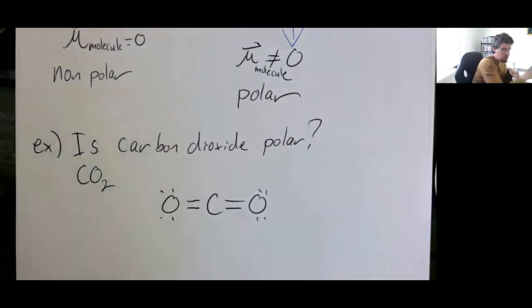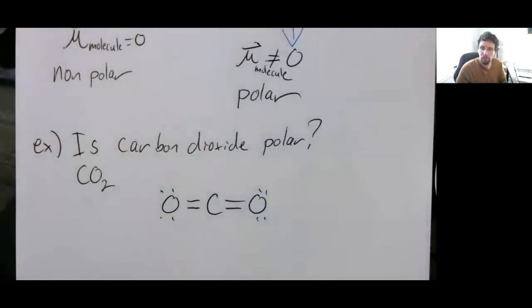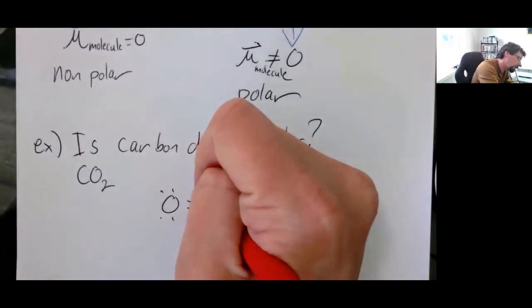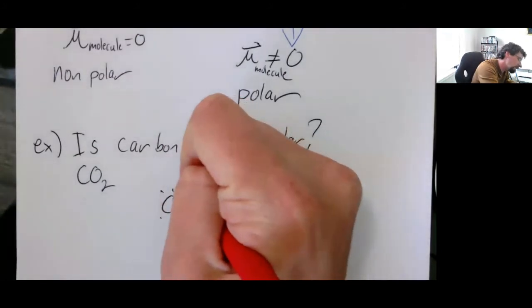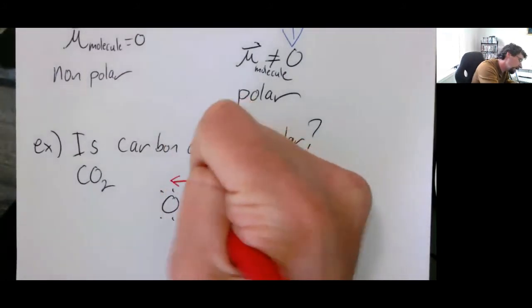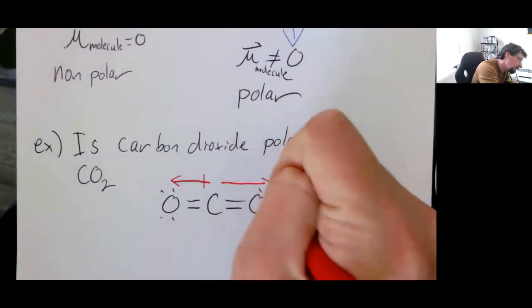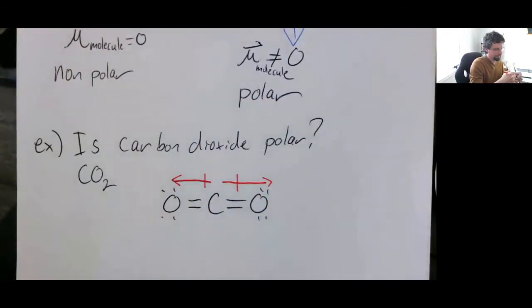We've got a Lewis structure. Now we have to draw the bond dipoles out. So we have to consider what's more electronegative, the oxygens or the carbon. And the answer is that carbon is less electronegative than the oxygen. So we have a bond dipole pointing in this direction, a bond dipole pointing in this direction.